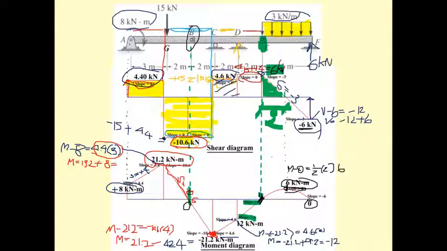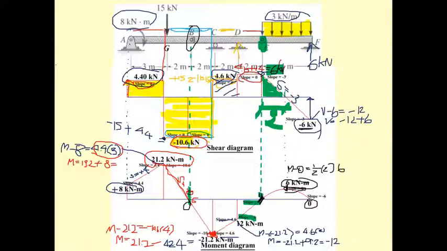You should notice that when you draw the shear diagram, you have to look at the beam, and if you draw the moment diagram, you have to look at the shear diagram, and you have 6 relationships: 3 for the shear diagram and another 3 for the moment diagram.